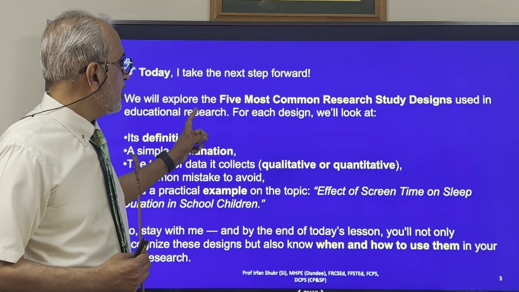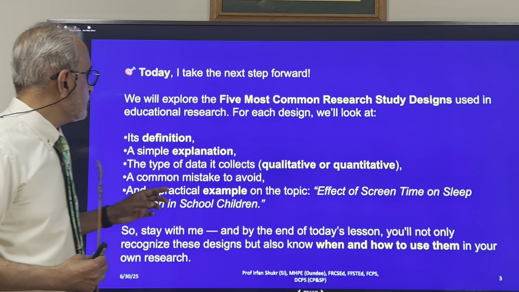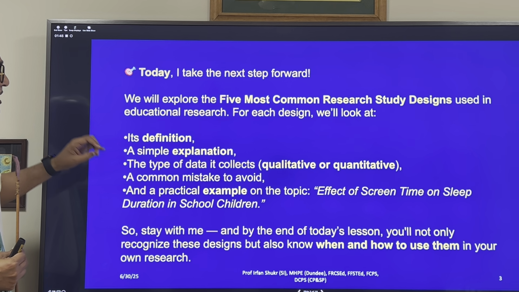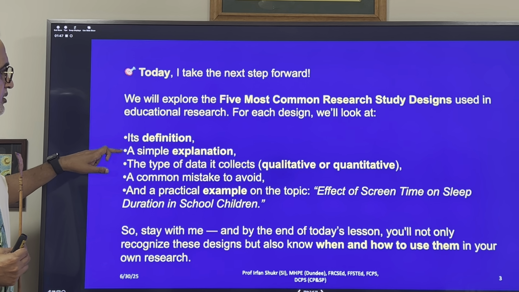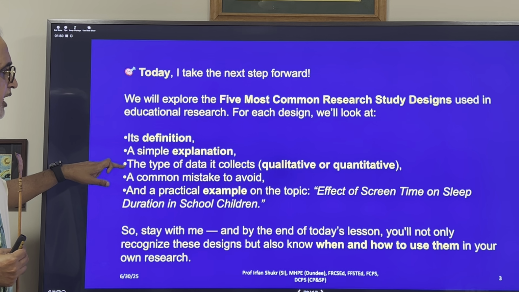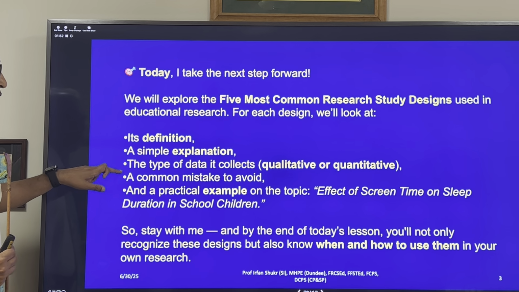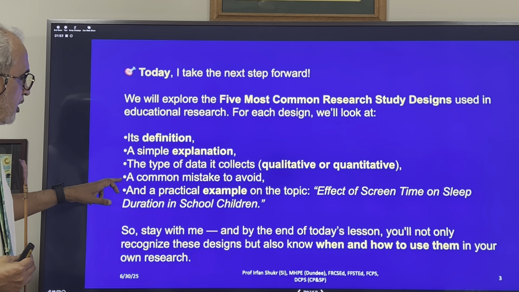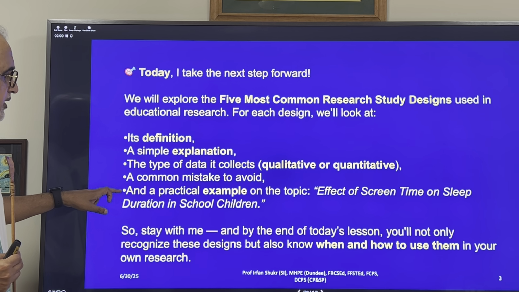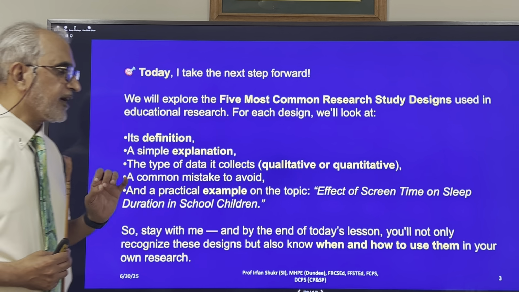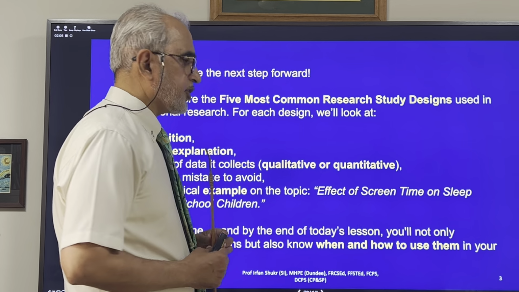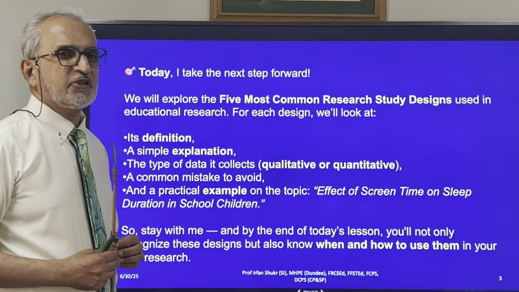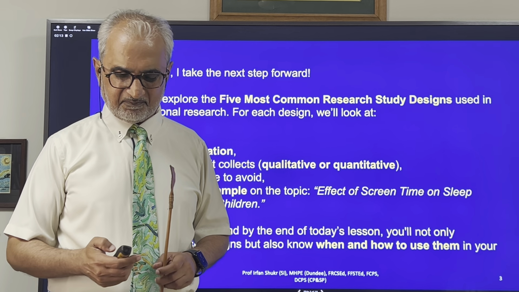In educational research, the 5 most common research study designs used are, as you will come to know, and for each design we look at its definition, simple explanation, the type of data it collects, qualitative and quantitative, which you have already studied and learned in the previous video, a common mistake to avoid, and a practical example on the topic effect of screen time on sleep duration in school children. So stay with me for the next 10 or 15 minutes.